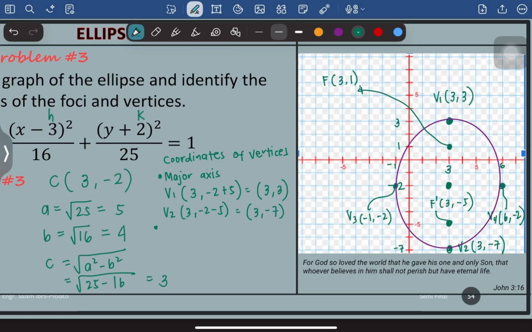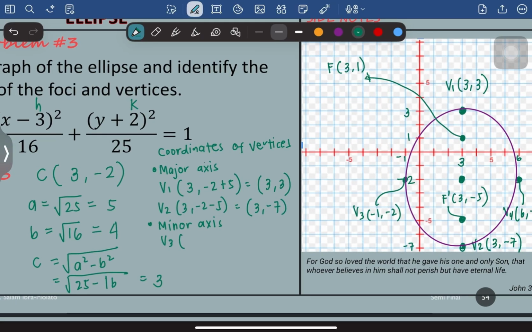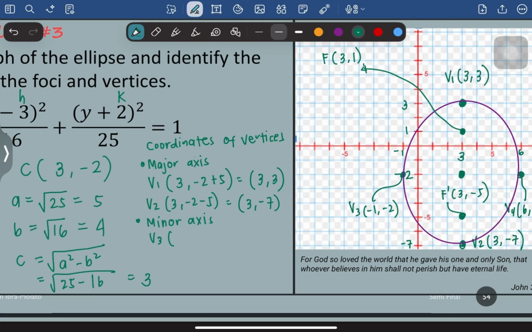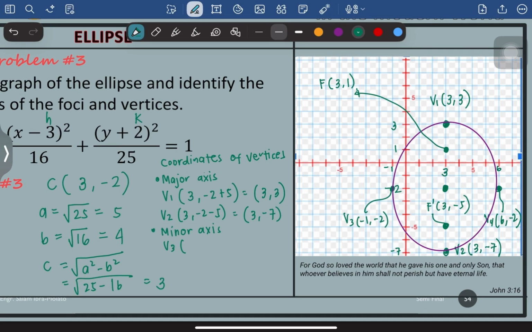Then for the minor axis, V sub 3, this will be parallel to the x-axis. So from the center, you will add the distance on the x-coordinate of the center.